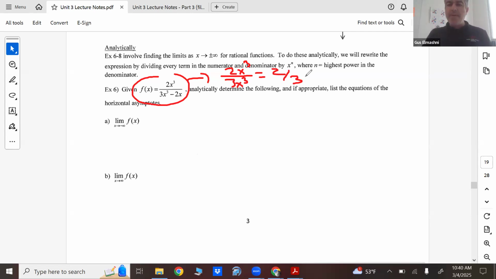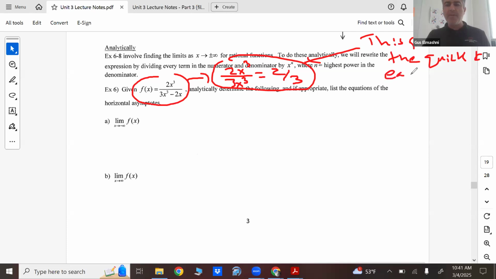Now, this process right here is a quick and easy way. There is a more formal way, which I do have to show you, which is a little bit of a pain, but I have to show it to you guys. So that process I just did, just focusing on the leading terms, is a quick and easy way.